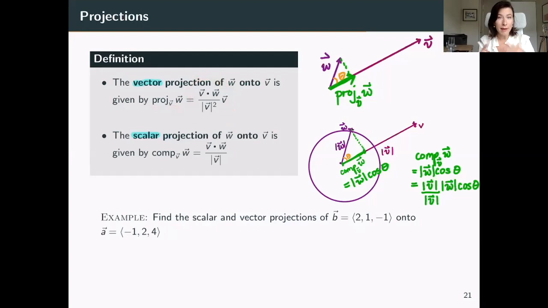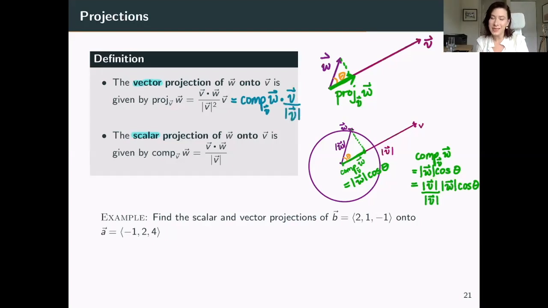A little bit of algebra and manipulation of terms will give us that this is actually equal to the scalar projection of the vector W onto the vector V times V, and it's a times, not a dot product, just times the vector V divided by the magnitude of V.